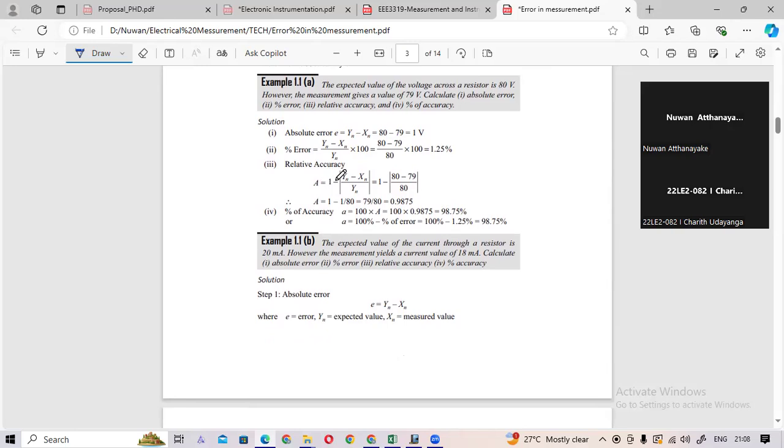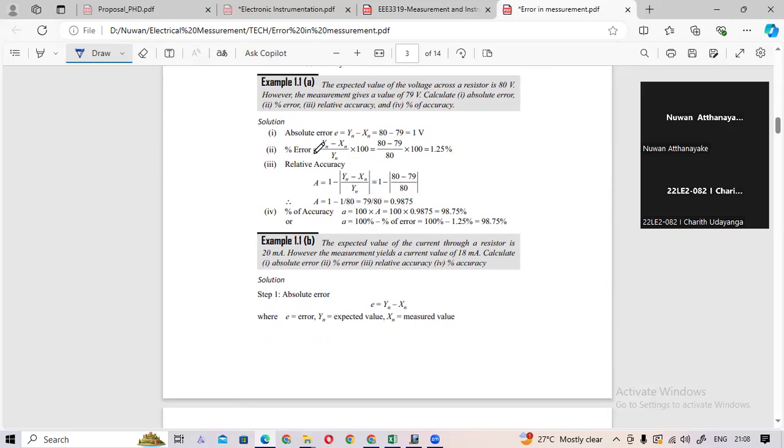Relative accuracy means 1 minus the error. So this error is not the percentage error, it is not the percentage error, just the error. Absolute error divided by the expected value.